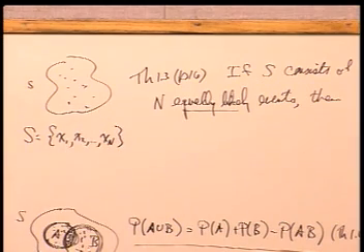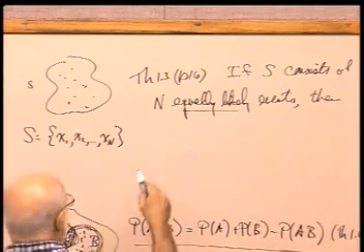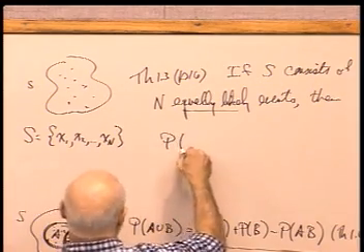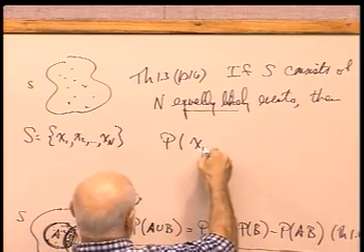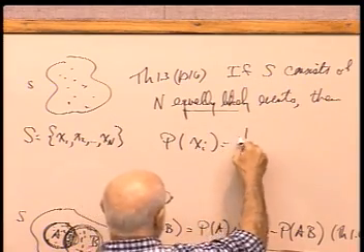Those are the points in the sample space. There are a capital N of them. And if they're equally likely, then the probability of any particular one, the ith one, is going to be 1/n.